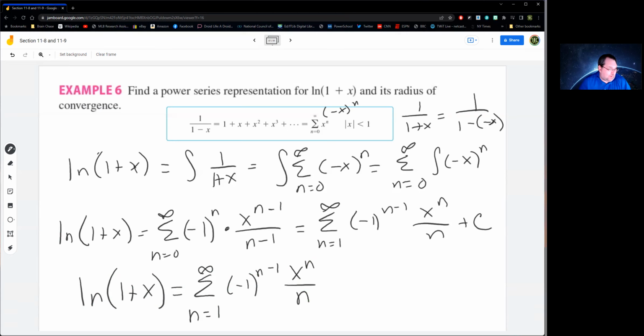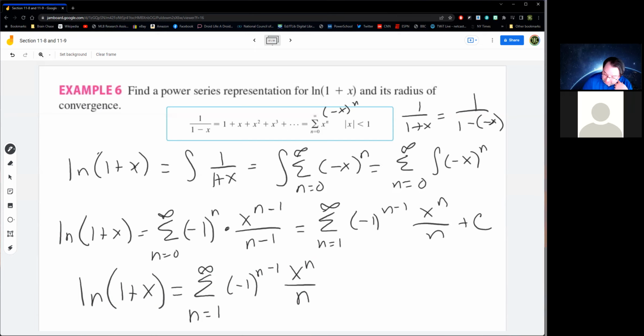If I plugged in 0 to x, what would the ln be? If I plugged in 0 on the left side, sorry, what do I get? You get ln of 1, which is 0.